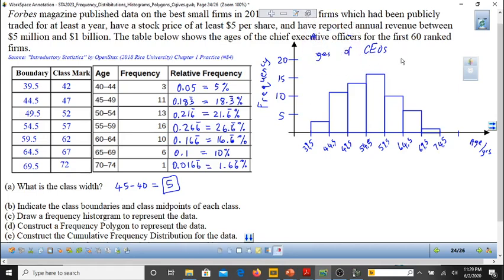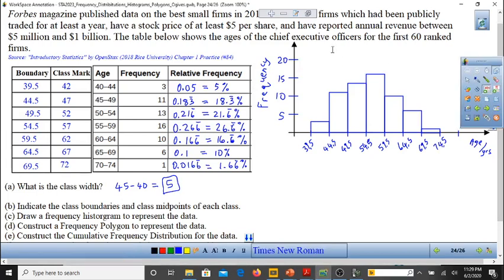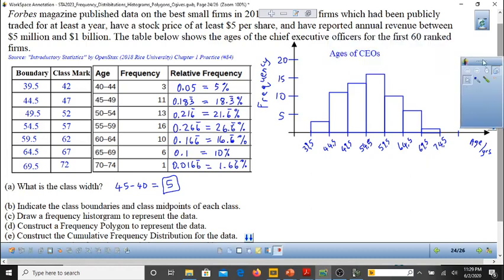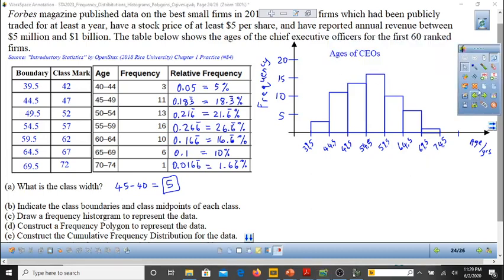All right, so let me just retype this and let's save myself the trouble. Sometimes it's a challenge trying to get everything perfect. Ages of CEOs. All right, now that is my frequency histogram. Now let's do our frequency polygon from this.